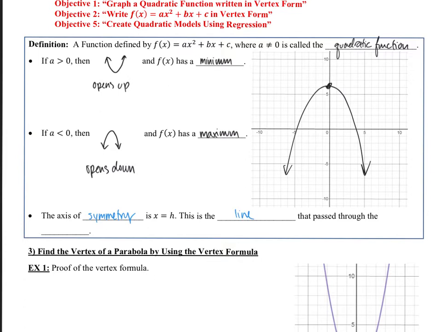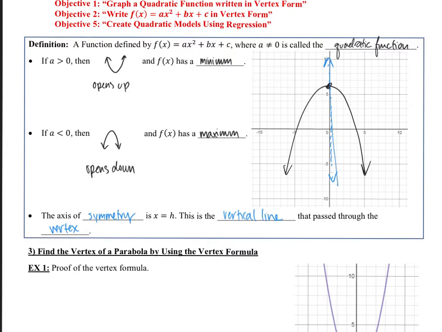In fact, not any kind of line, this is a vertical line that passes through the vertex, right here. Okay, so it passes through the vertex.